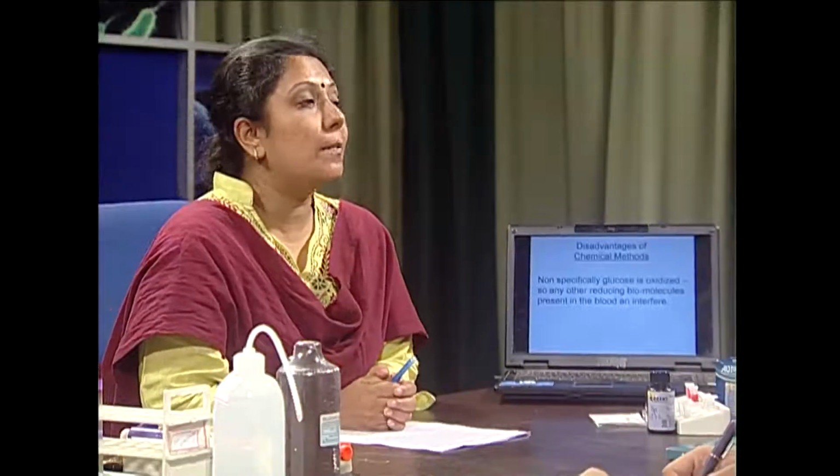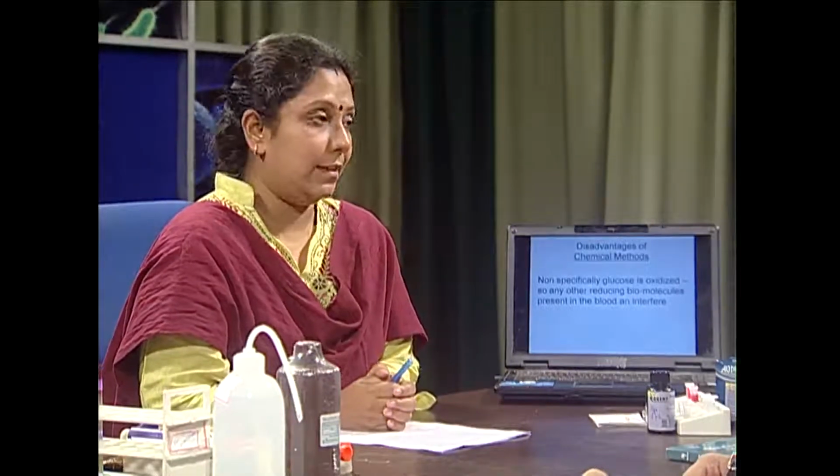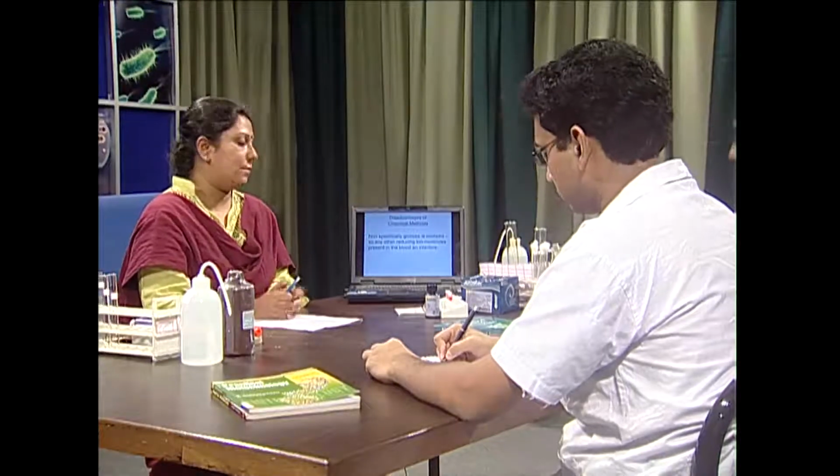But there are many disadvantages of the colorimetric chemical method, because they exploit the reducing property of glucose, so any reducing agent present in the bloodstream can interfere. So, all the chemical methods are obsolete now.